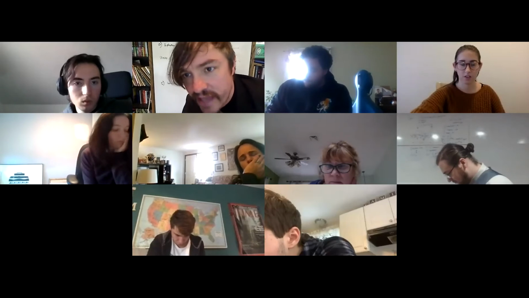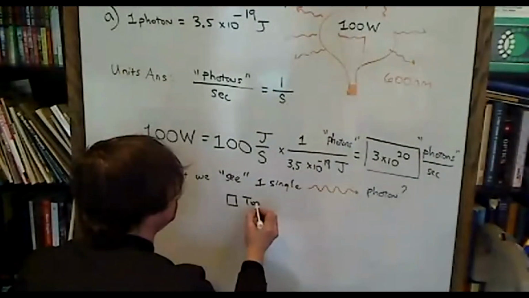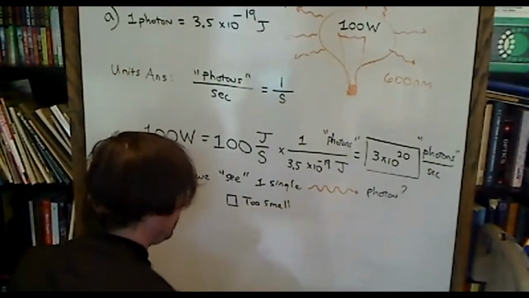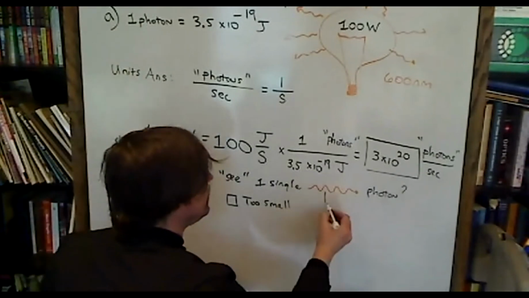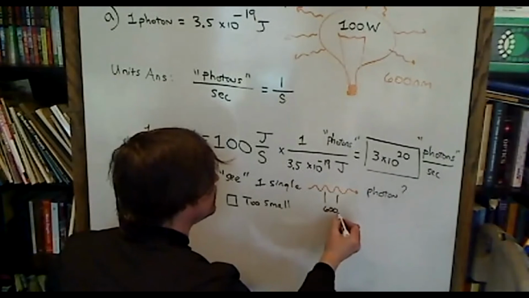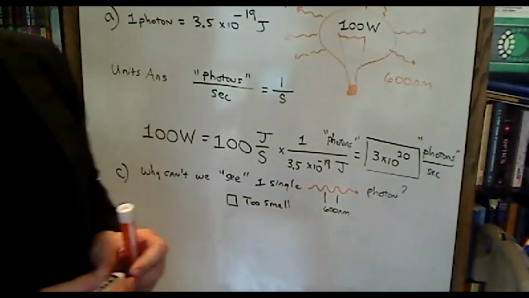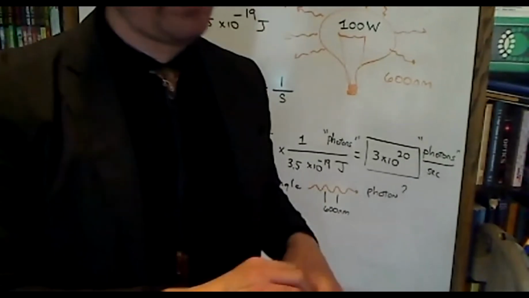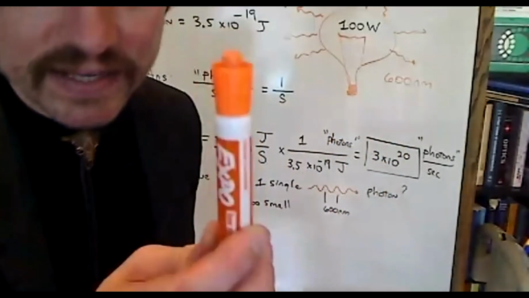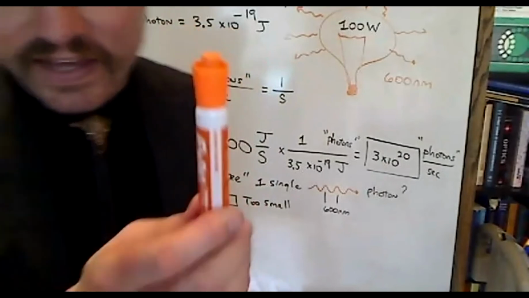Okay, let's start with that. I just want to put these up here as we suggest them. One possibility is too small. Now, I agree with you that a 600 nanometer wavelength is truly small. Nanometers are billionths of a meter. On the other hand, all orange light is at a wavelength of 600 nanometers.